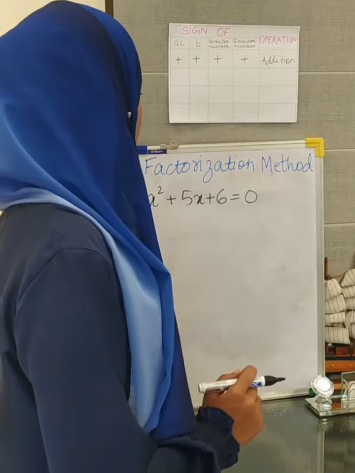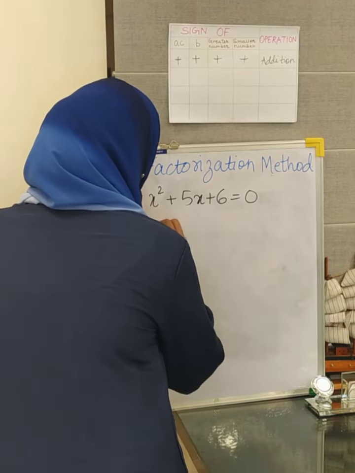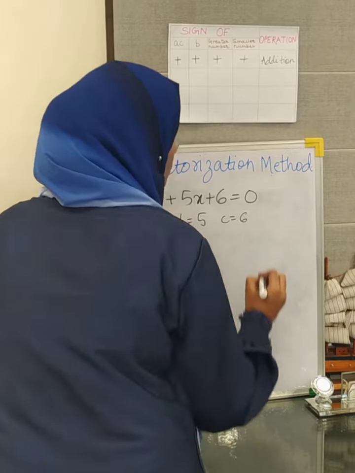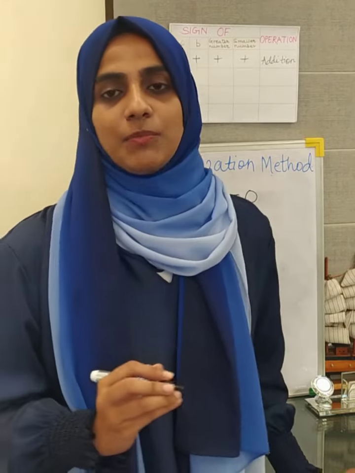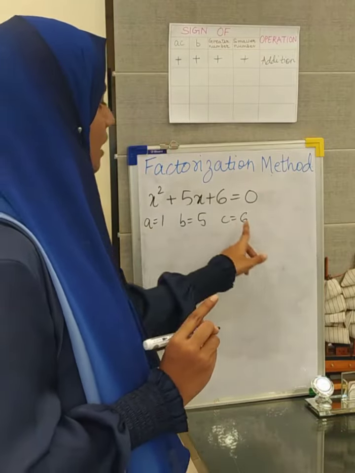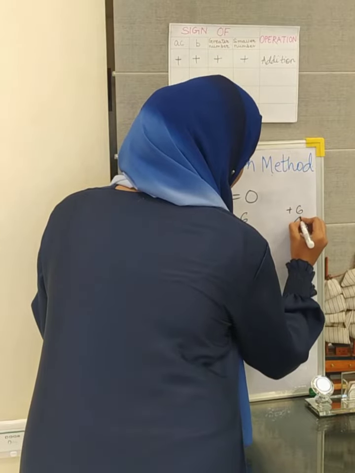So the first step is we will compare it with standard form. Here we are getting a is equal to 1, b is equal to 5 and c is equal to 6. We will multiply first term with the last term, that is we will multiply a with c. So here ac is plus 6.